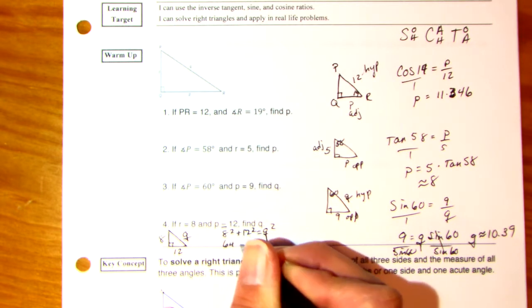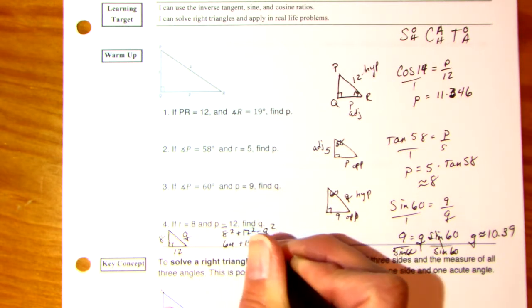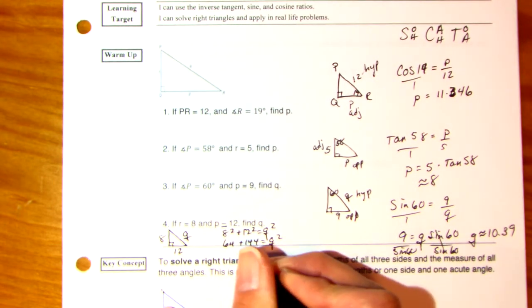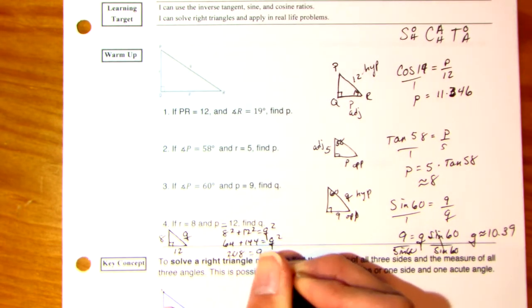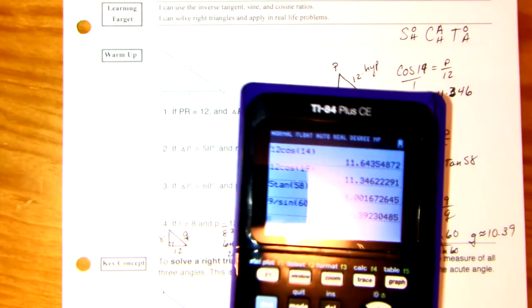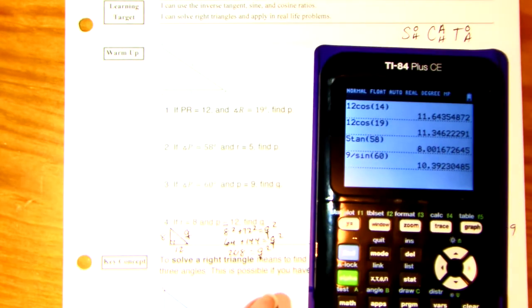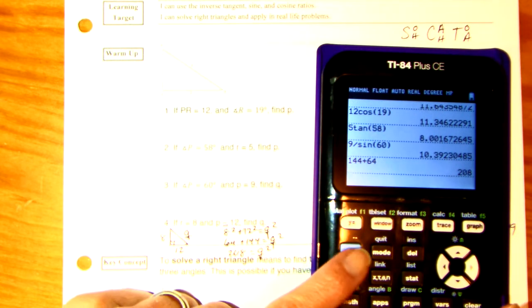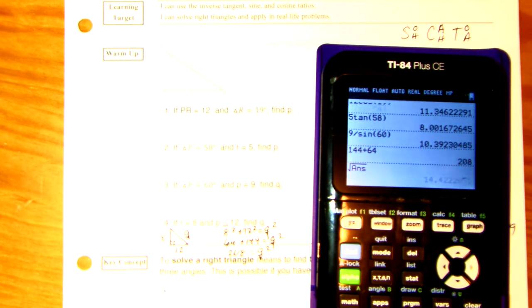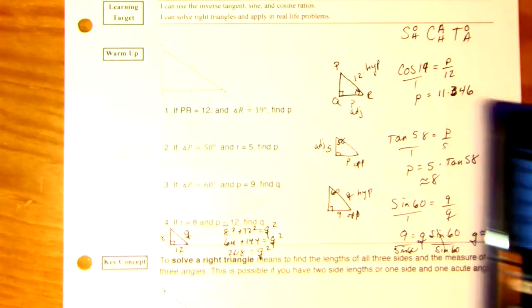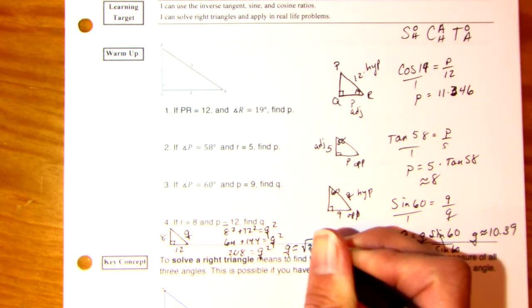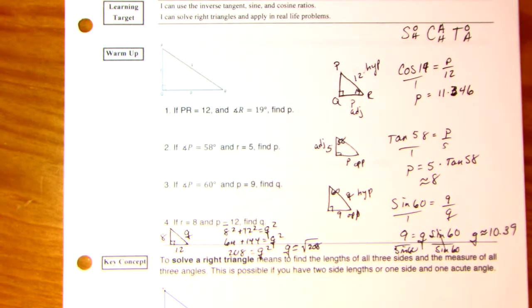So I have 64 plus 144 equals q squared, so this will be 208. I don't think that comes out really nice. Take the square root and you get about 14.4222. I'm just going to leave it as q is equal to the square root of 208, so that's about 14.